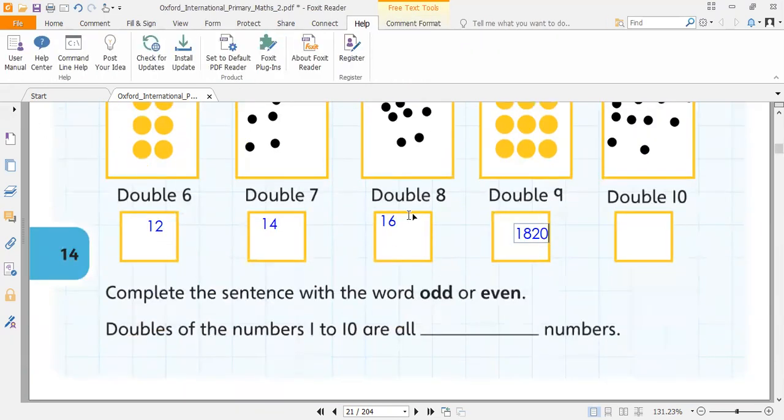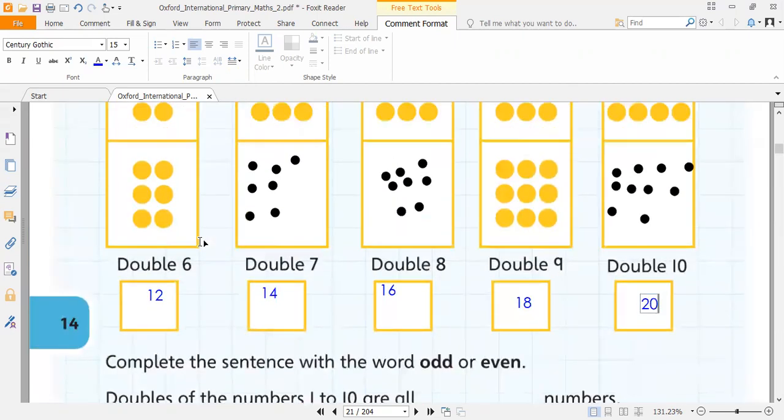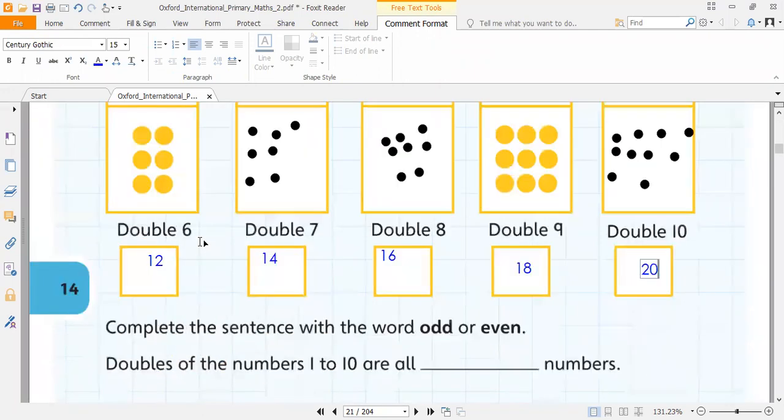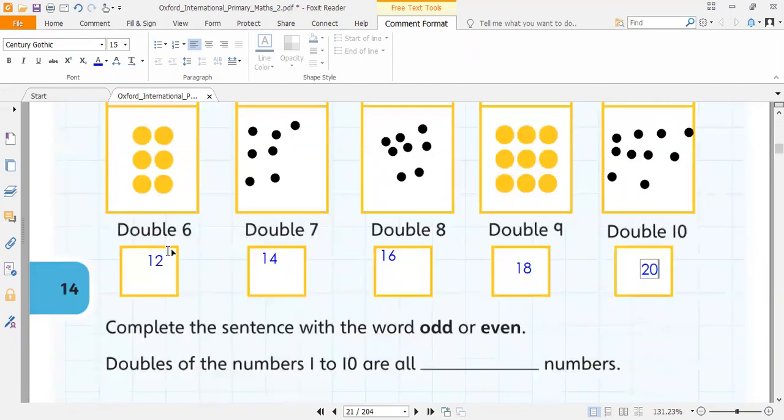Next is, sorry, complete the sentence with odd and even. Double of a number.